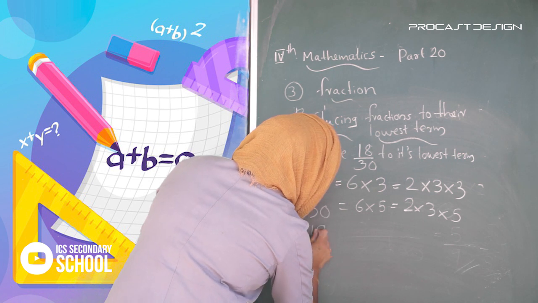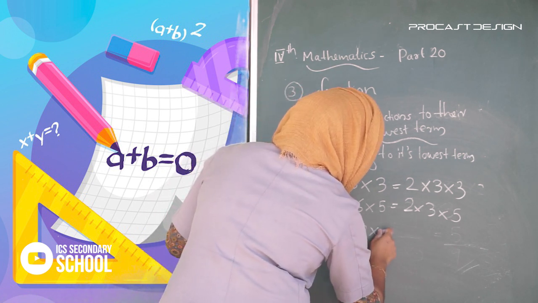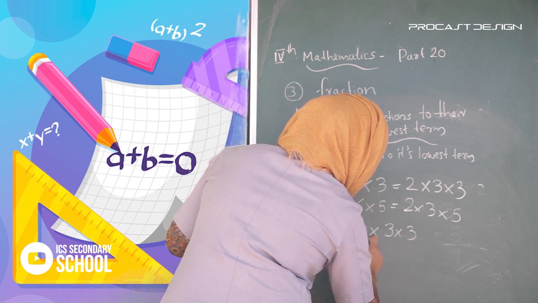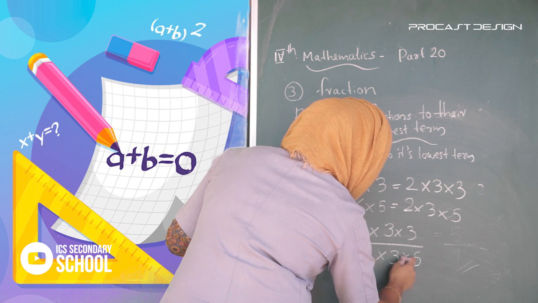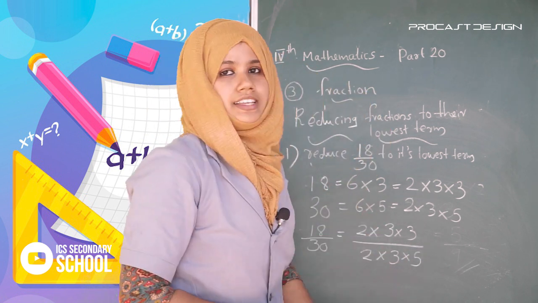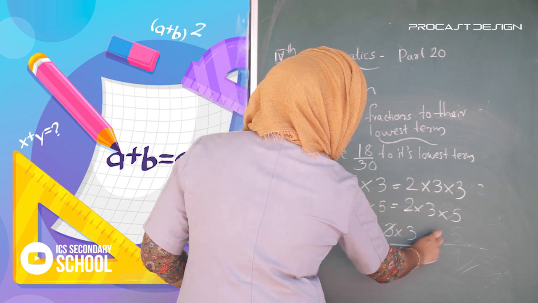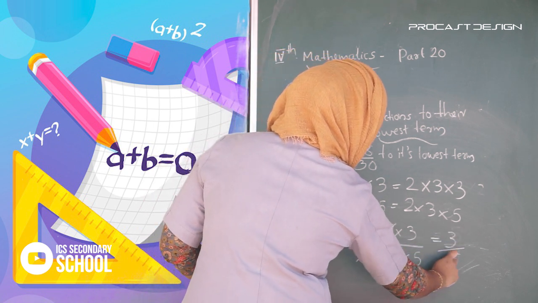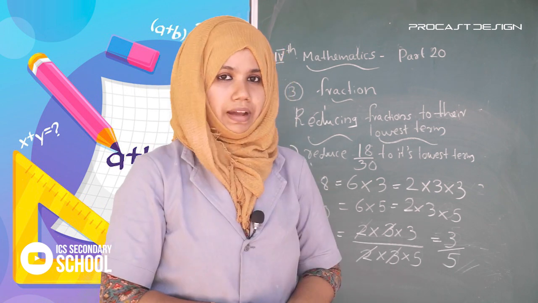So 18 by 30 we can write as 2 into 3 into 3 by 2 into 3 into 5. Now we can cancel the common factors, 2 and 3. We get 3 by 5. So 3 by 5 is the lowest term of 18 by 30.